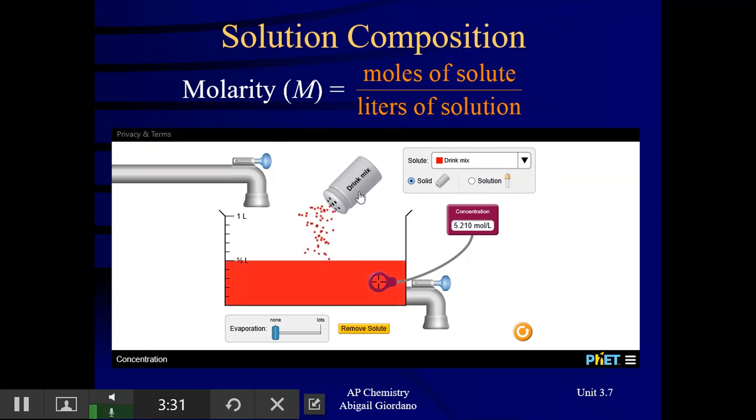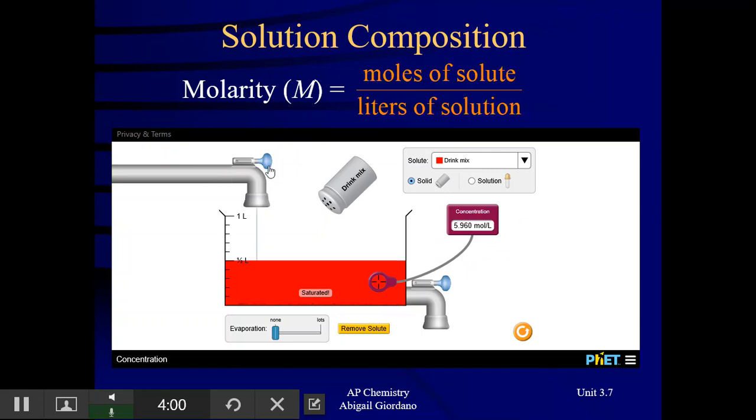So I'm going to add a little bit more, a little bit more. All right, now I want you to think about, just conceptually, what would happen if I stop adding solute, but I start adding solvent? So I'm going to open up the spigot here, and I'm going to add some more solvent, some more water. And I want you to think about what should happen to that number.